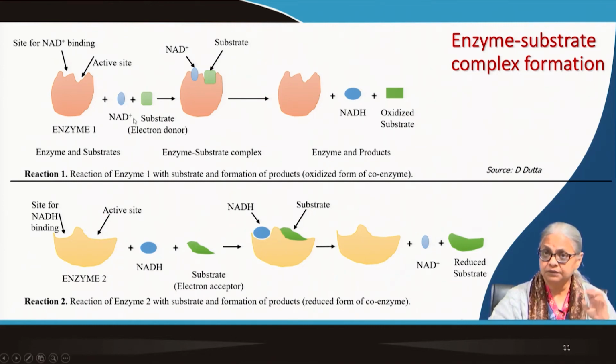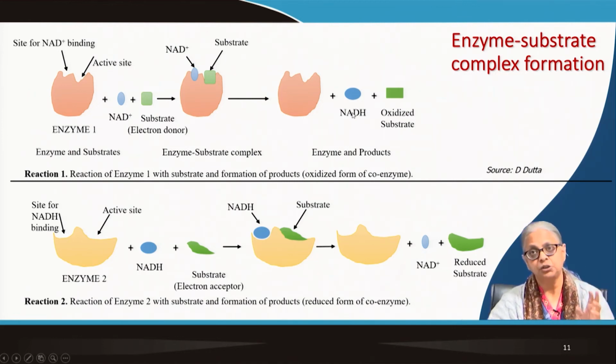This NAD plus is positively charged. When it binds to the enzyme complex, enzyme 1, along with the substrate, this entire complex gets activated. The substrate is the electron donor, and two things will happen. NADH picks up a proton and an electron.